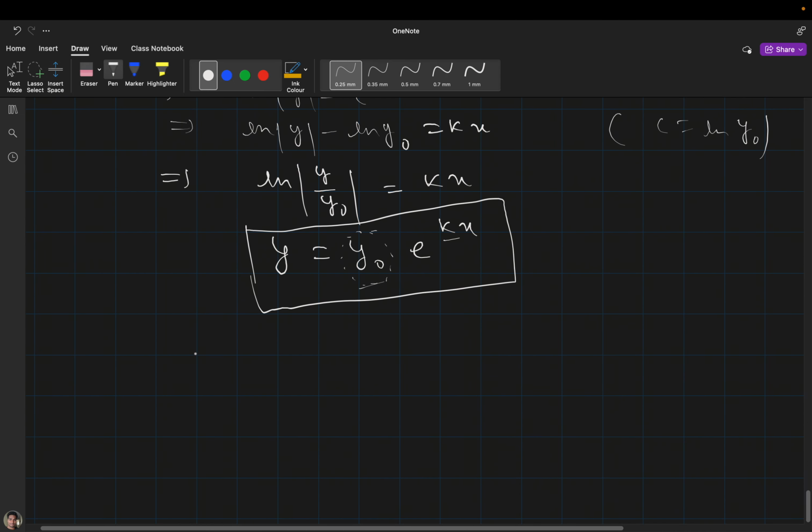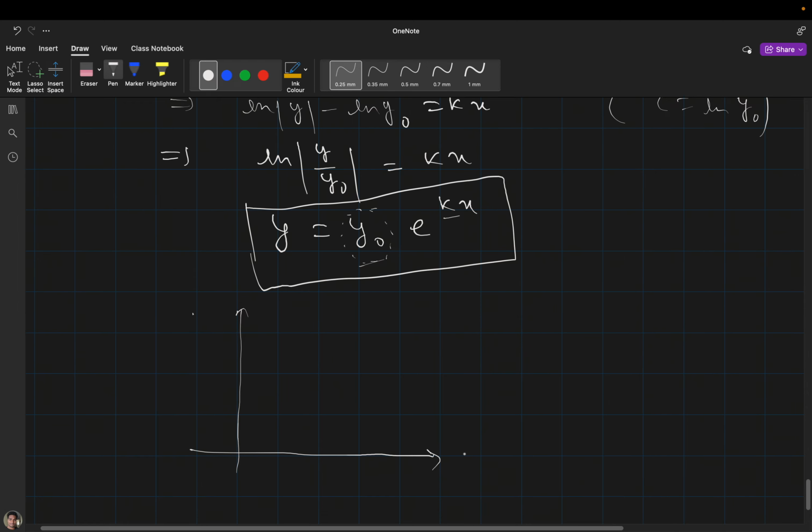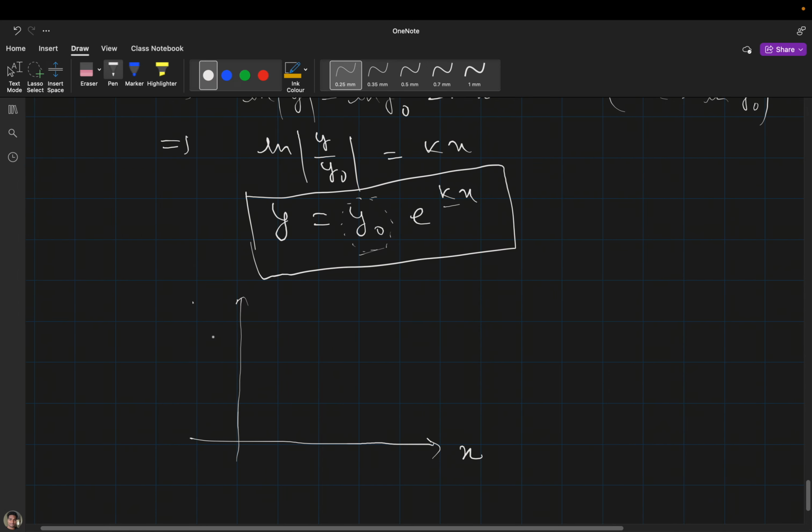Now can someone tell me what will be the graph of this equation? Suppose on the x-axis it is x and on the y-axis it is y. You can clearly see that when x equal to 0, the value of y will be y naught.